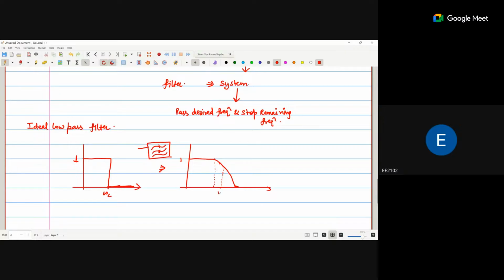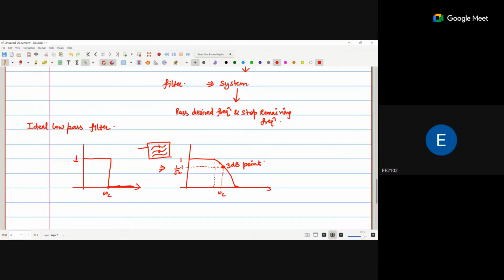It is called the cutoff frequency, where the magnitude will drop to the maximum magnitude multiplied by 1 by root 2 times. Or we can say it is a 3 dB point.